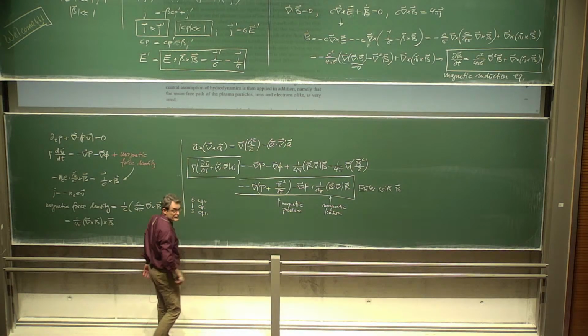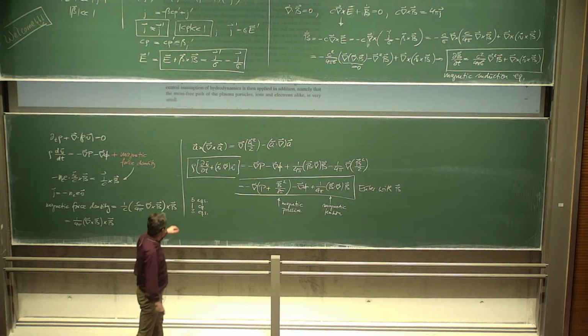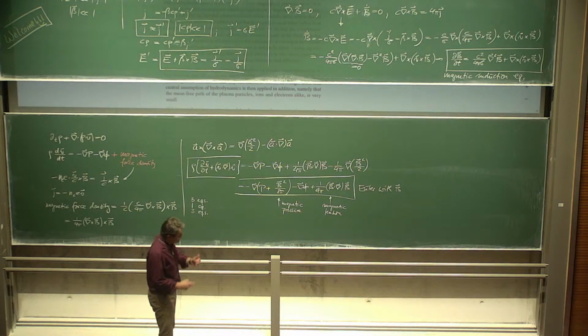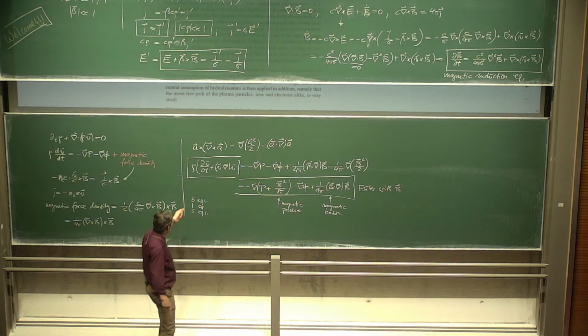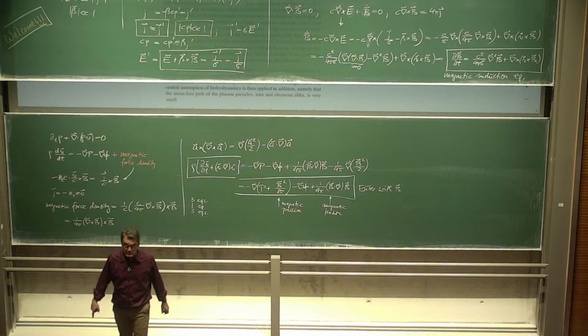Further three equations. For how many variables? Magnetic field, 3 components. Velocity, 3 components. Density, 1 component. Pressure, 1 component. So we have 7 equations here. We have 8 components to solve for.